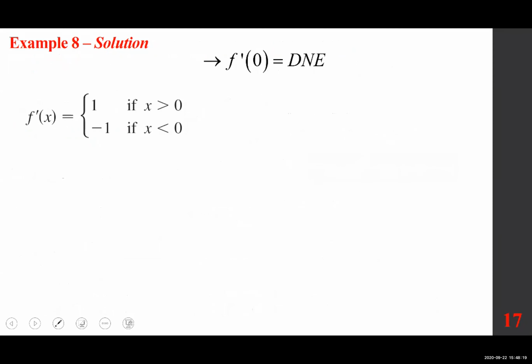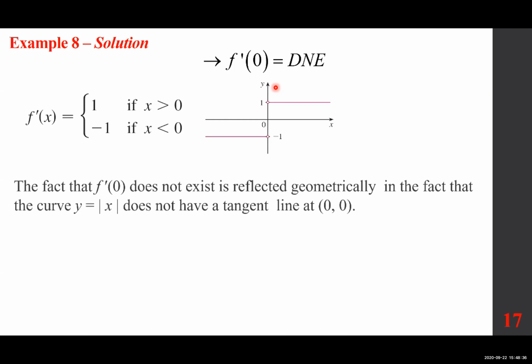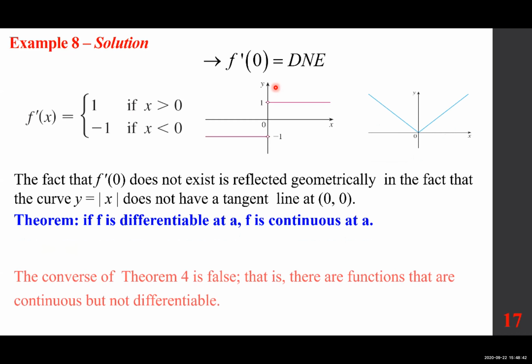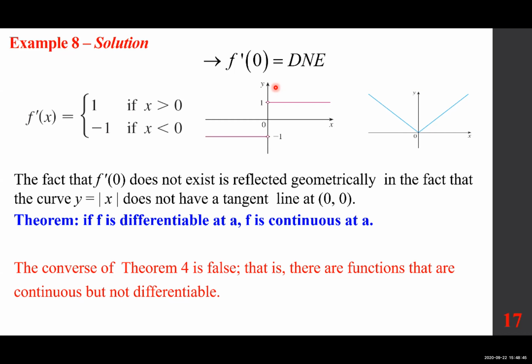And therefore, we have the following. f prime of x is always 1 when x is positive, always negative 1 when x is negative, and doesn't exist at 0. So if you look at the graph of your function, absolute value of x, you know it's a V shape.